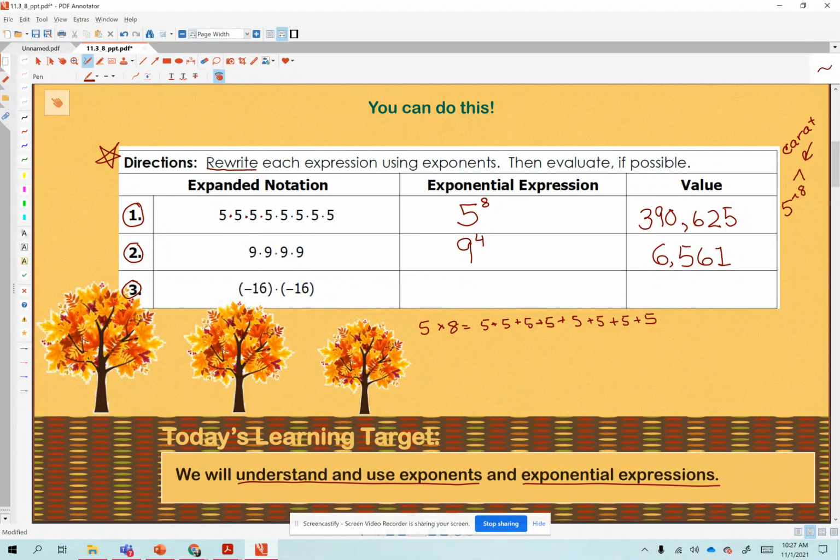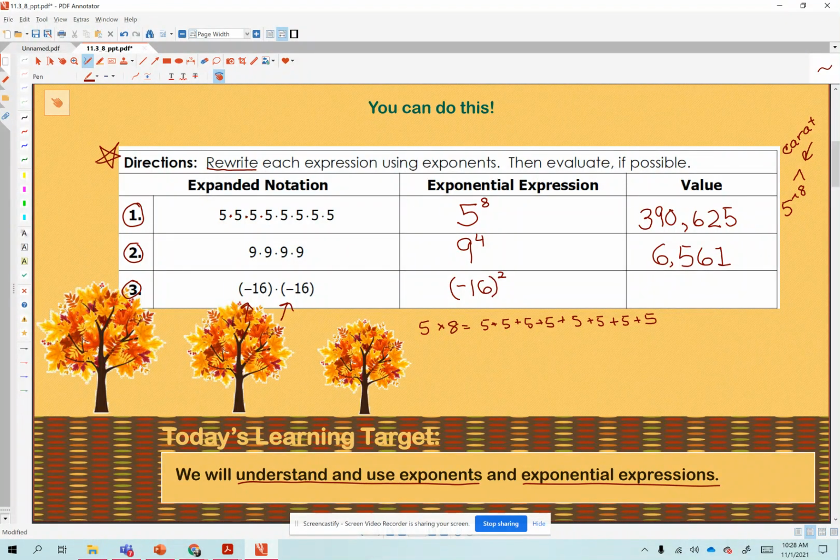Okay, number 3, we have negative 16 times negative 16, and those parentheses are so important when we have a negative sign. So we write that parentheses, negative 16, raised to an exponent of 2. And if you'll remember from our last lesson, when we have 2 negative terms multiplied by each other, we will have a positive answer.